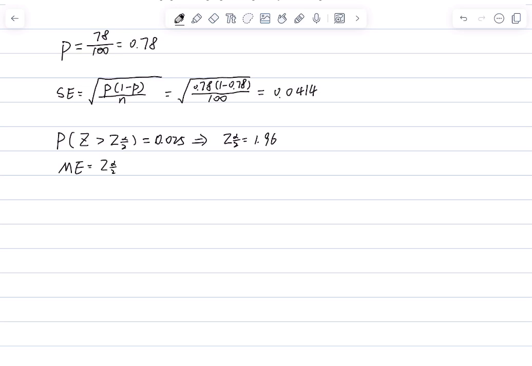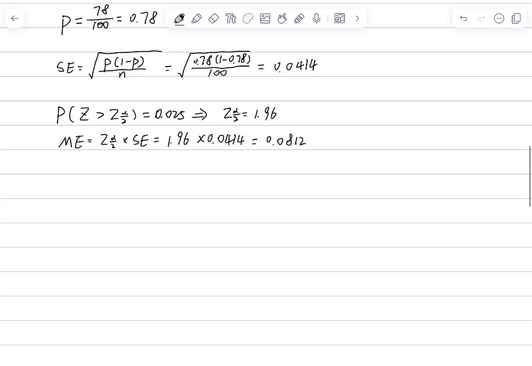The margin of error is z times SE, and it equals 1.96 times 0.0414, which equals 0.0812.